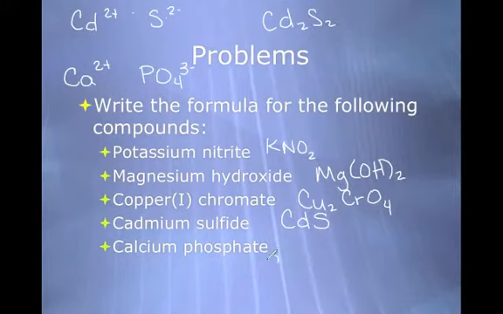So it'd be Ca3(PO4)2. Or if you cross them over, the 2 came over here and the 3 came over here. So we have a 3 and a 2. Usually that will work.